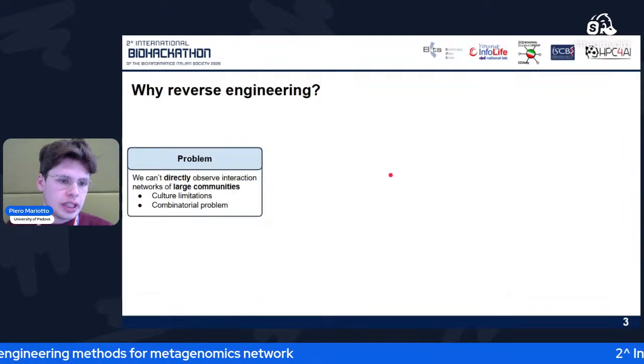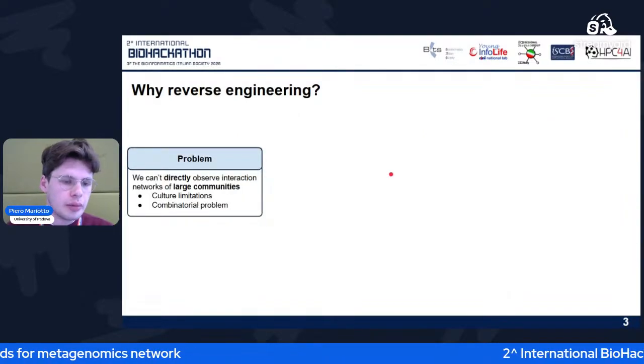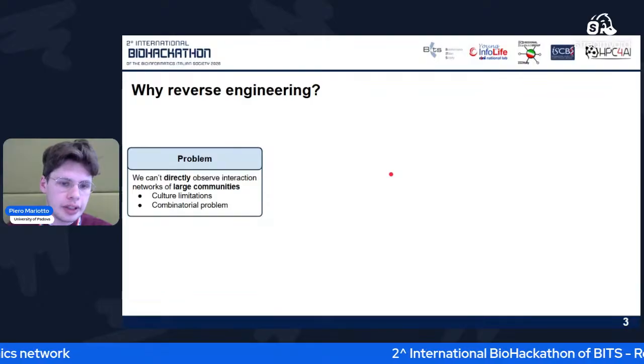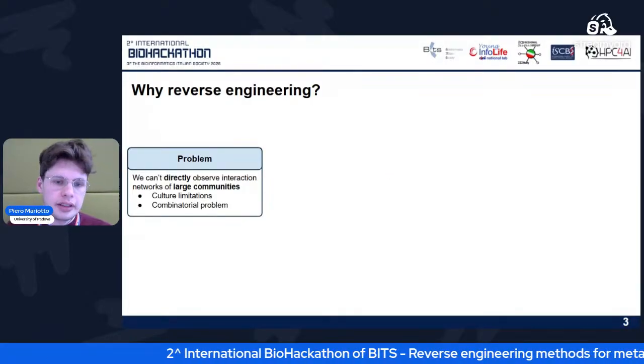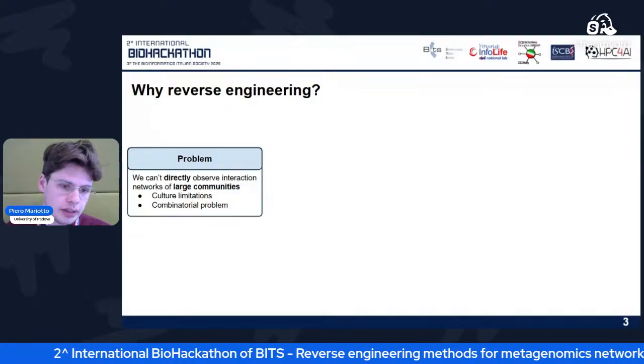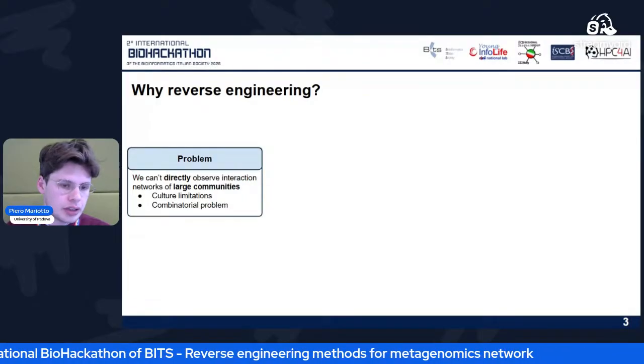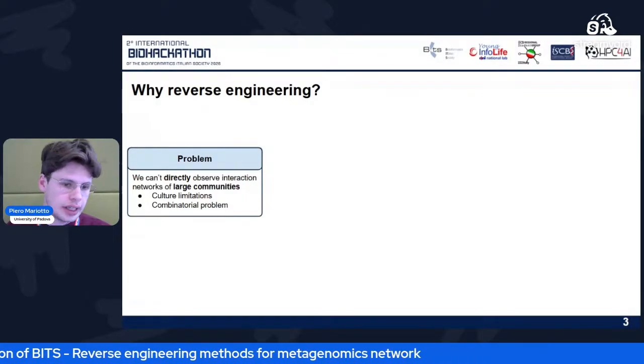But why are we talking here today about reverse engineering or inference of microbial interaction networks? Because there is a problem: we cannot directly observe microbial interaction networks, at least for large scale communities.